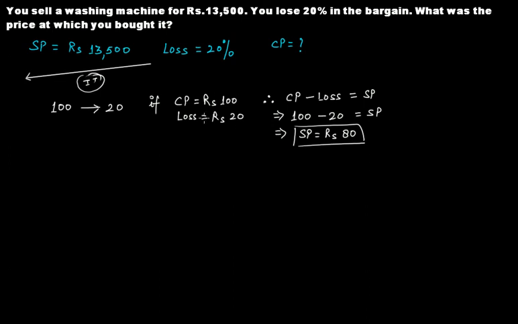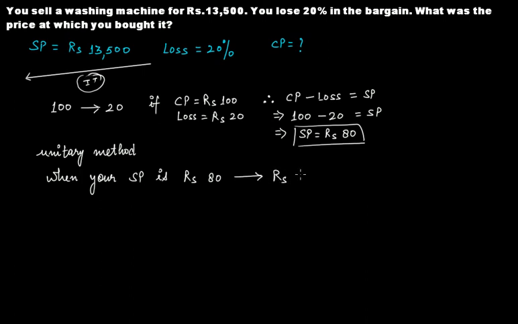So let's apply the unitary method here. When your selling price is rupees 80, then your cost price is how much? Rupees 100, right? Therefore, for 1, because we are using the unitary method, this comes as rupees 100 over 80.